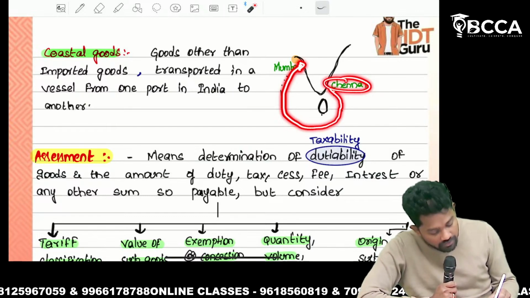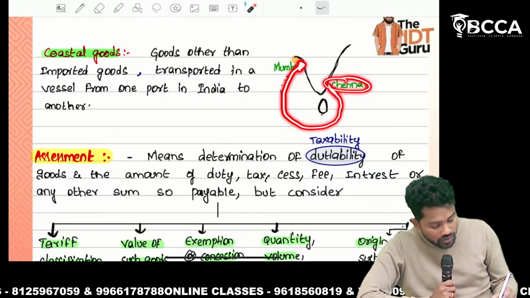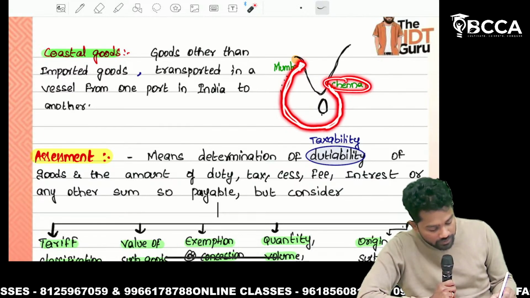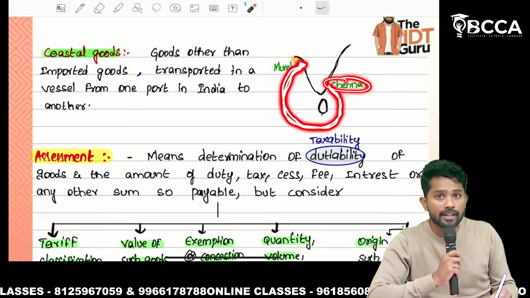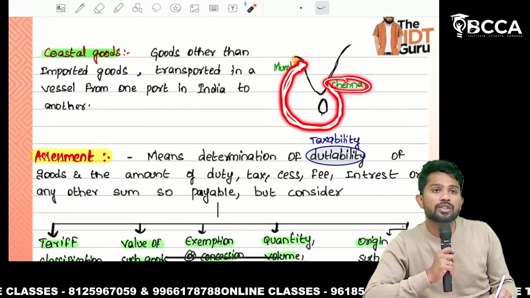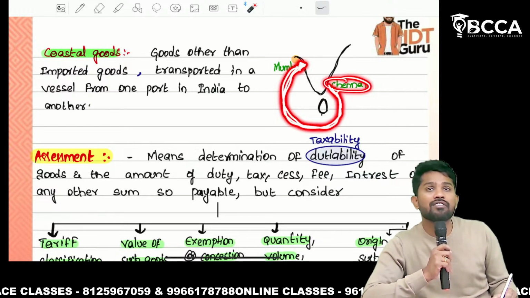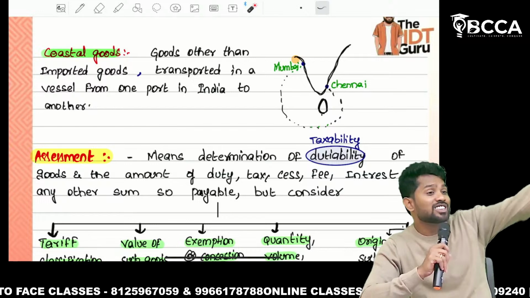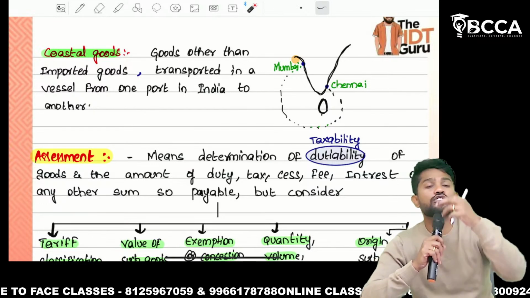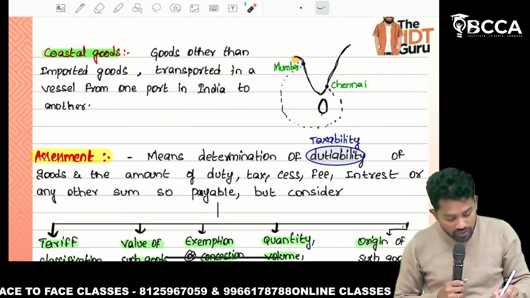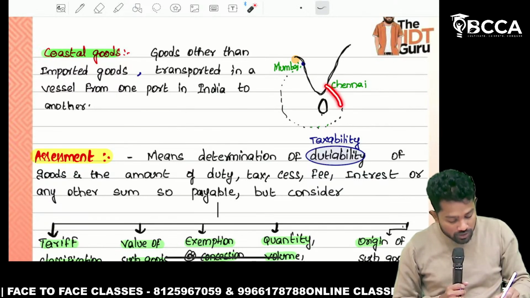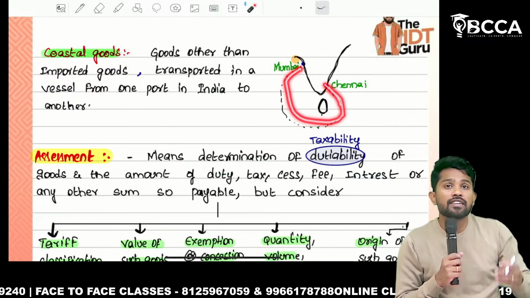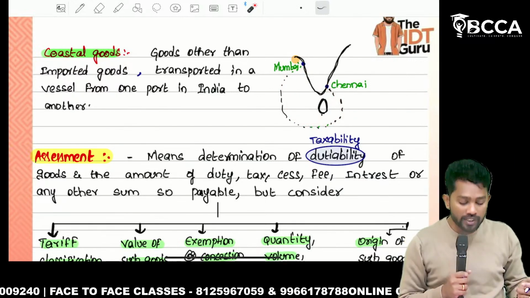But during this transportation from Chennai to Mumbai, the ship leaves India and again comes back to India. So even the goods in this vessel leave India and are again brought from outside India to India. In this case, there is an export when the goods were sent from Chennai, and when they are brought to Mumbai, they are coming from outside India, so there is an import also.